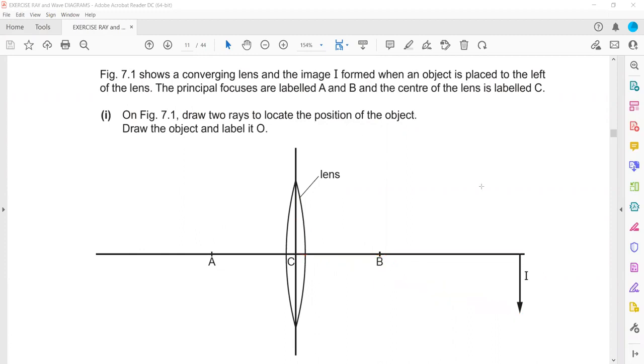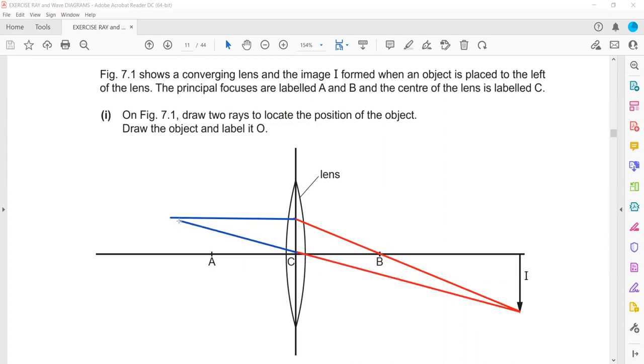So if I use different colors, one of the light rays is passing through the focus after refraction from the lens, another one from the tip of the object is passing through the center. The light ray which is passing through the focus should be parallel to the principal axis. And the one which is passing through the center of the lens was passing straight.